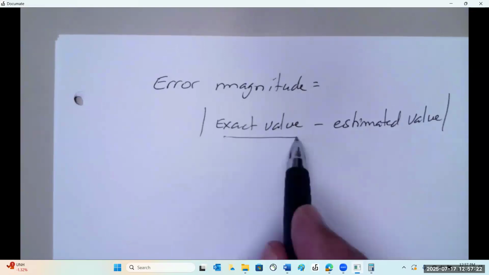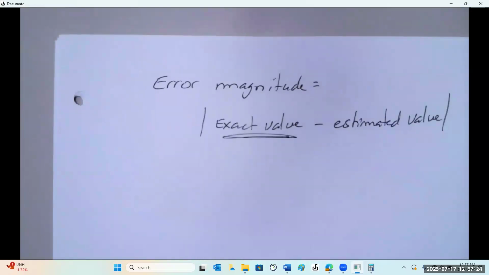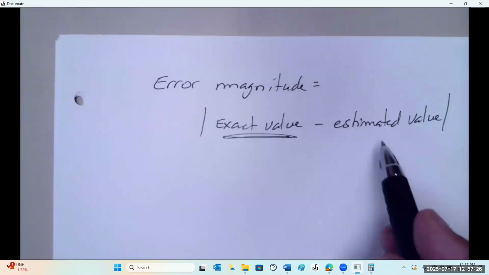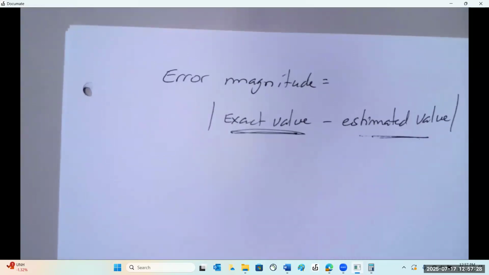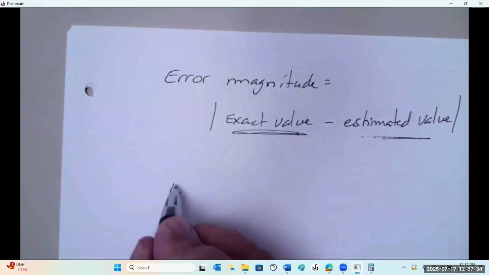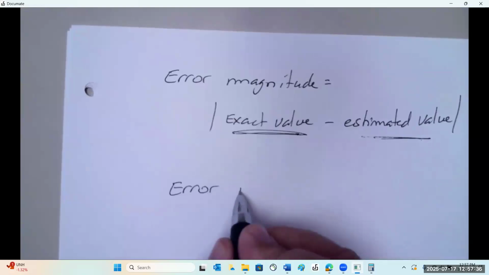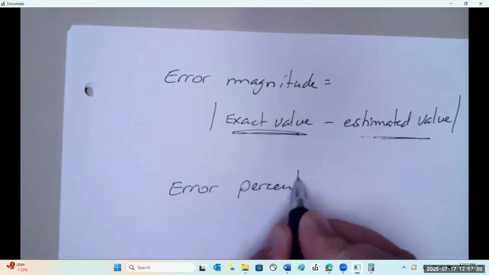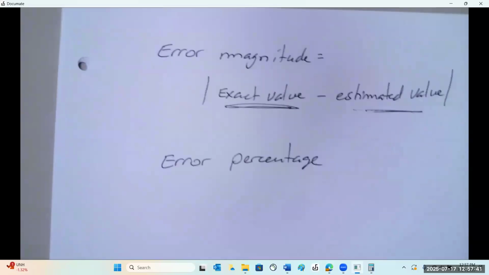Again, the exact value, we don't know how to find yet. All we can do is find our calculated, our estimated values that we came up with. And then from there, you can calculate your error percentage.